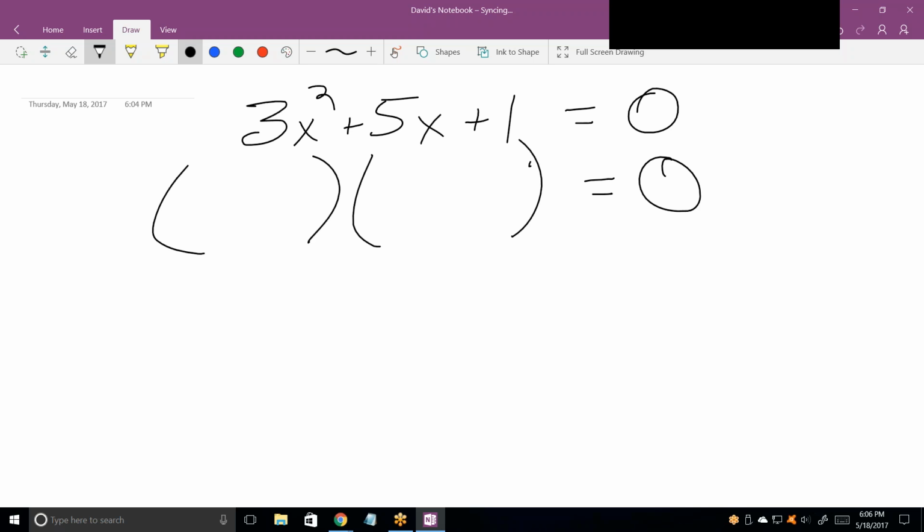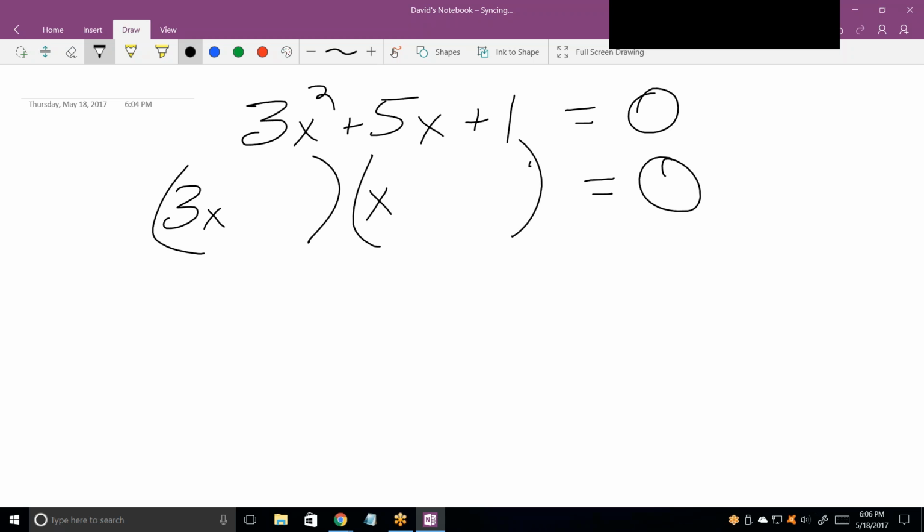So first step, try to separate the x's. Right. So 3x on one side. That is the only way they separate. In other words, you don't want to separate them as 3x squared times 1, ever. You always want to separate the x's, and then the factors take care of themselves.